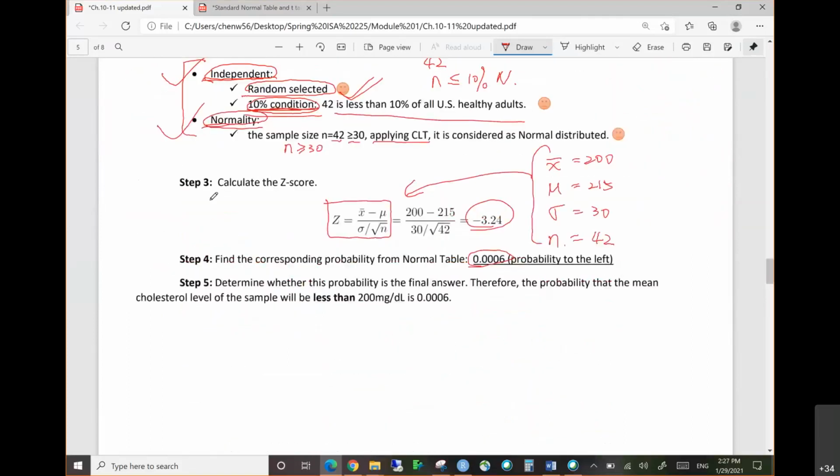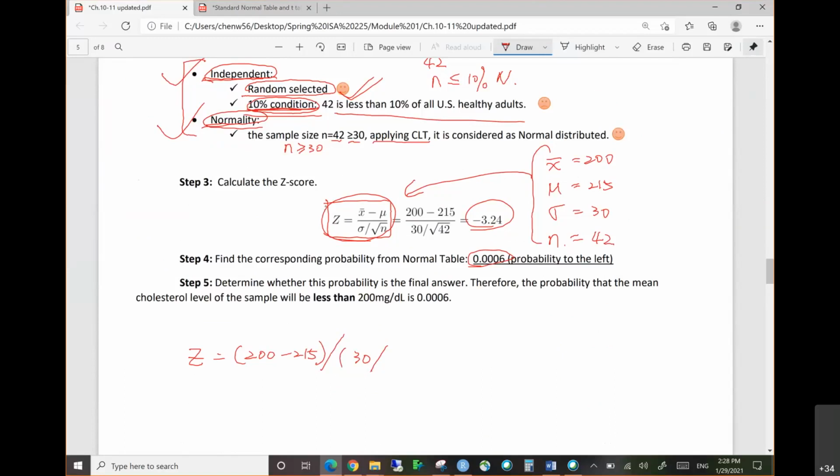Next one, for the calculation of the z-score, I need you to write out the steps, but I will not require you to state this formula. For example, z is calculated by parentheses 200 minus 215, divide by parentheses 30, divide by, okay, here, square root.